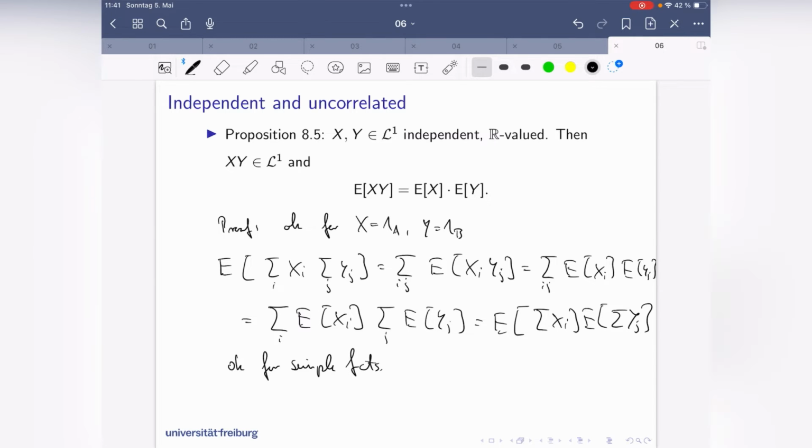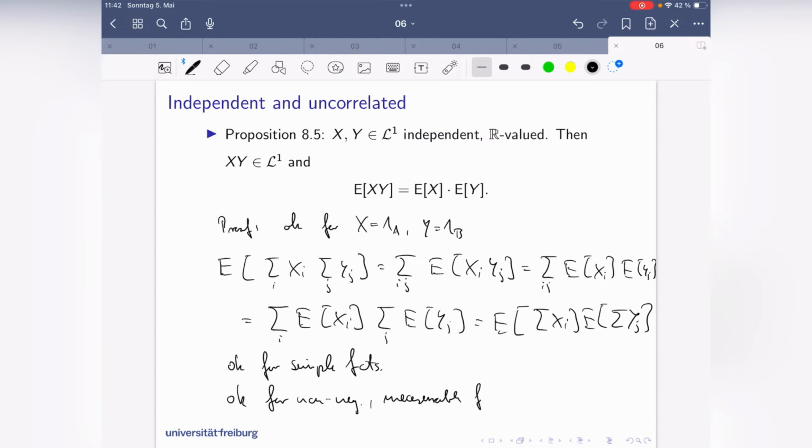So linear combinations of indicator functions. And then by an approximation argument, which I'm not going to involve here, for non-negative measurable functions.